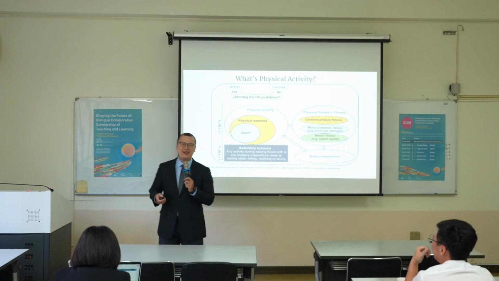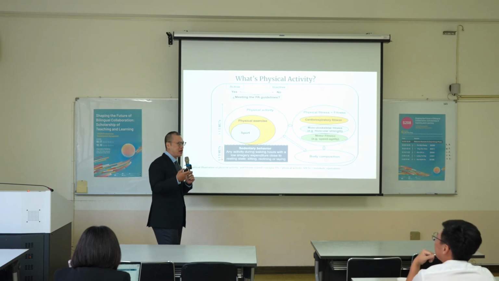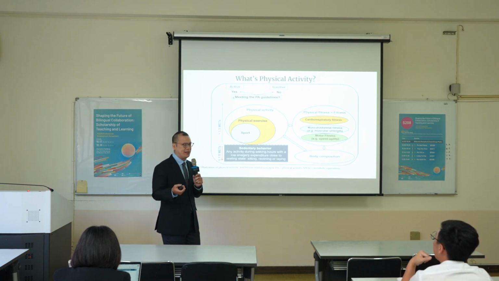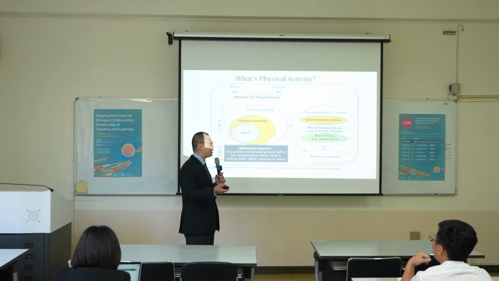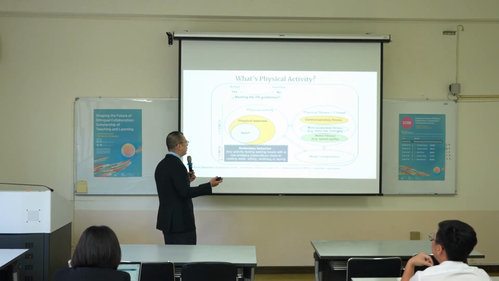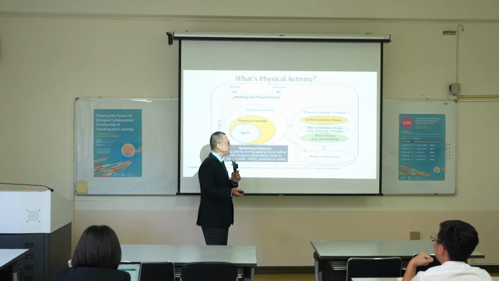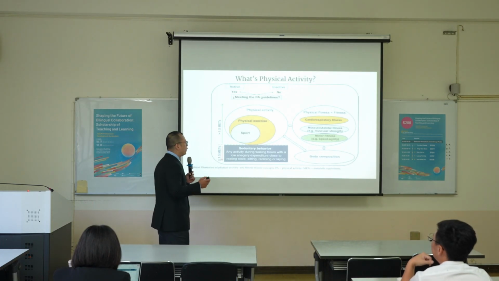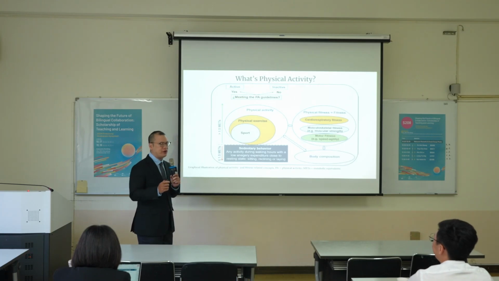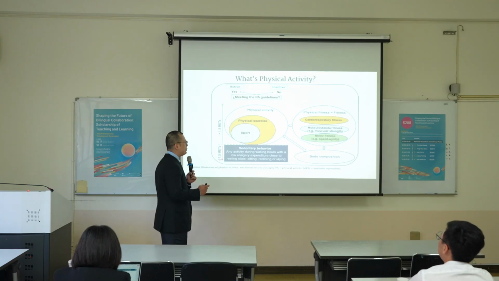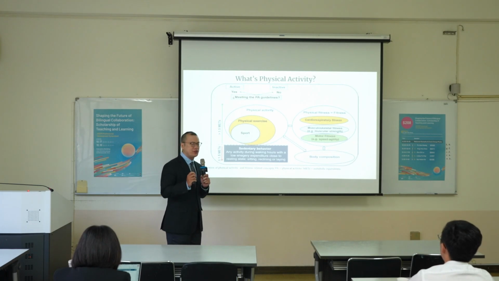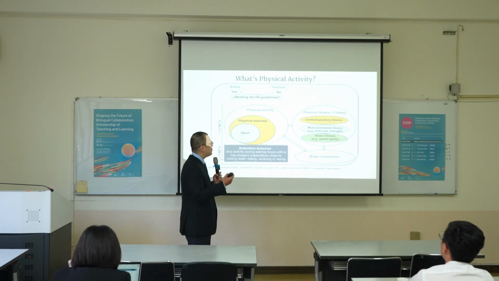A MET is a measure of the oxygen you consume in your daily activities, and there are thresholds for different kinds of exercise, physical activity, or sports. So it's very important to make these different definitions, especially for physical activity, physical exercise, and sport. And there are also concepts of different domains.